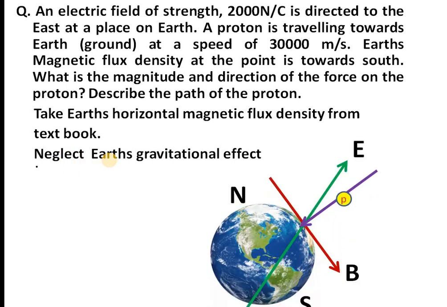So just to get a visual impression, we have picturized this problem here. You have to necessarily do this problem in the assignment, but still some hints are given here. This is the Earth, and you have a proton coming towards the Earth. Electric field is directed towards the east. It's not upward, it is towards east, and this is the southwards magnetic flux density.